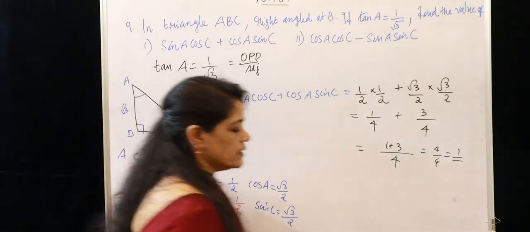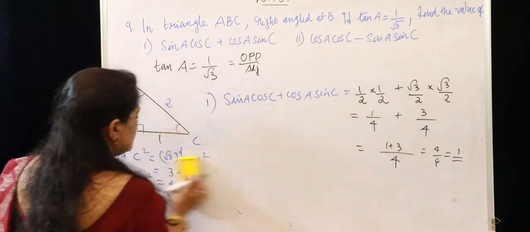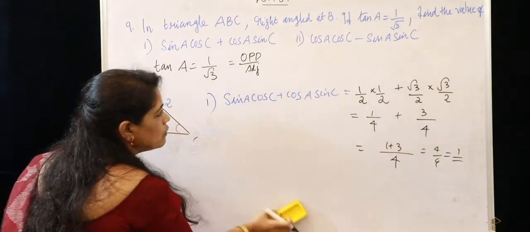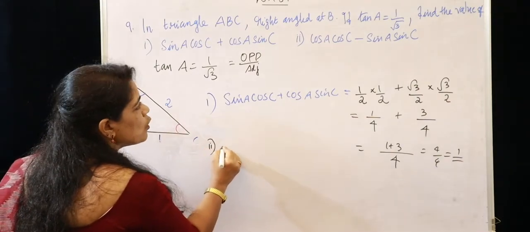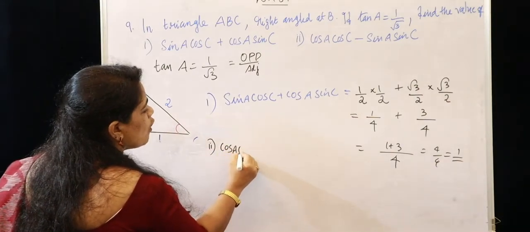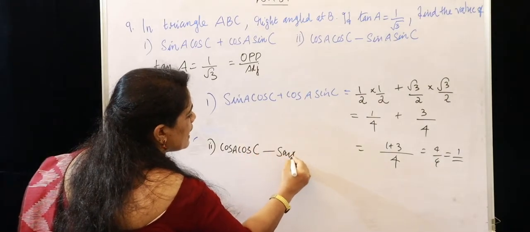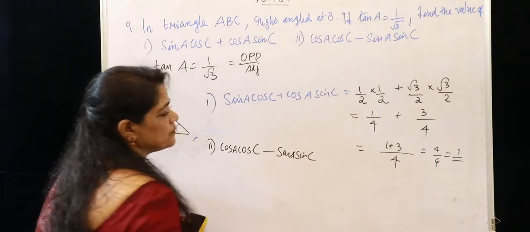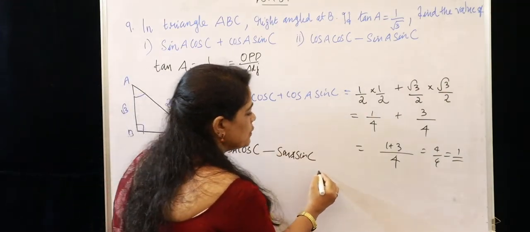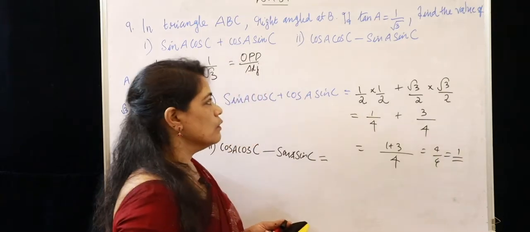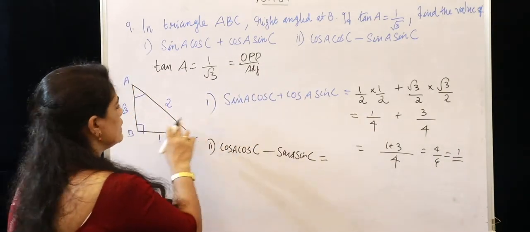And in the second part, what is the second part? We have to find cos A cos C minus sin A sin C, and this is equal to, what is cos A, children? Cos A I just rubbed out, but we can find it.